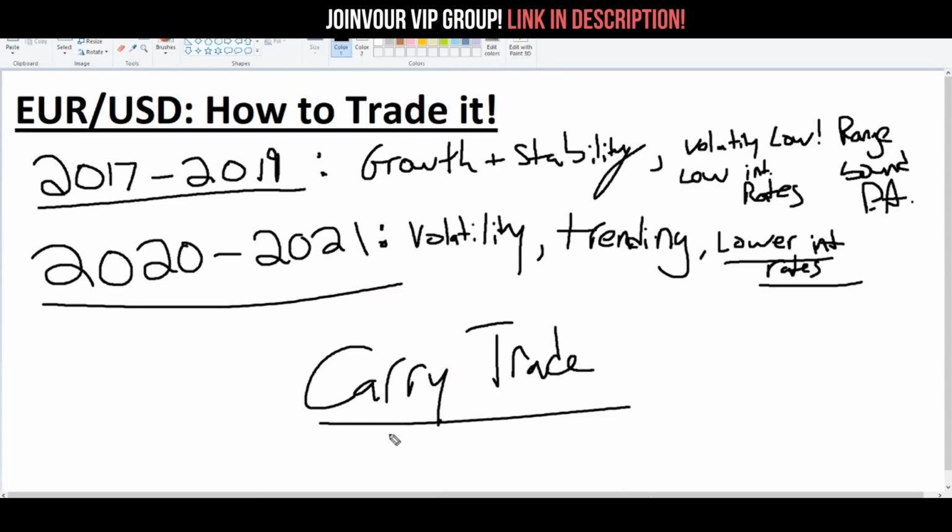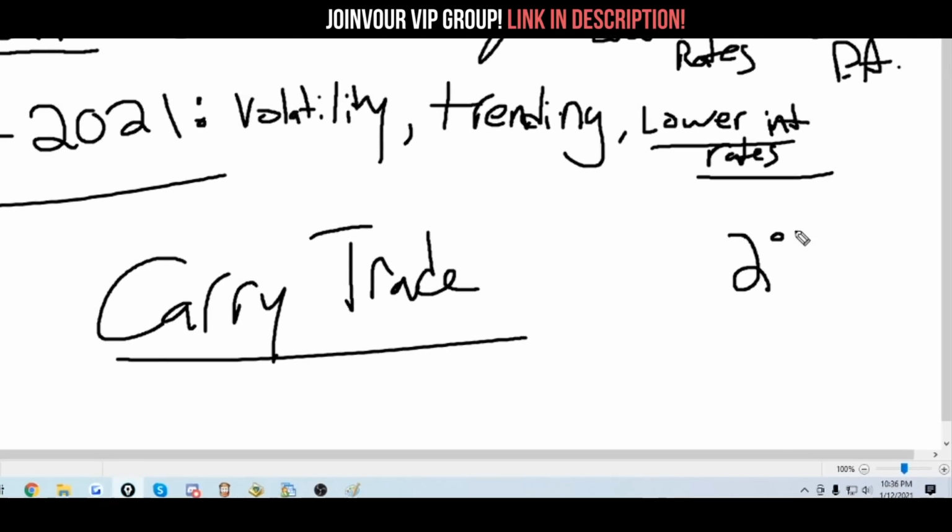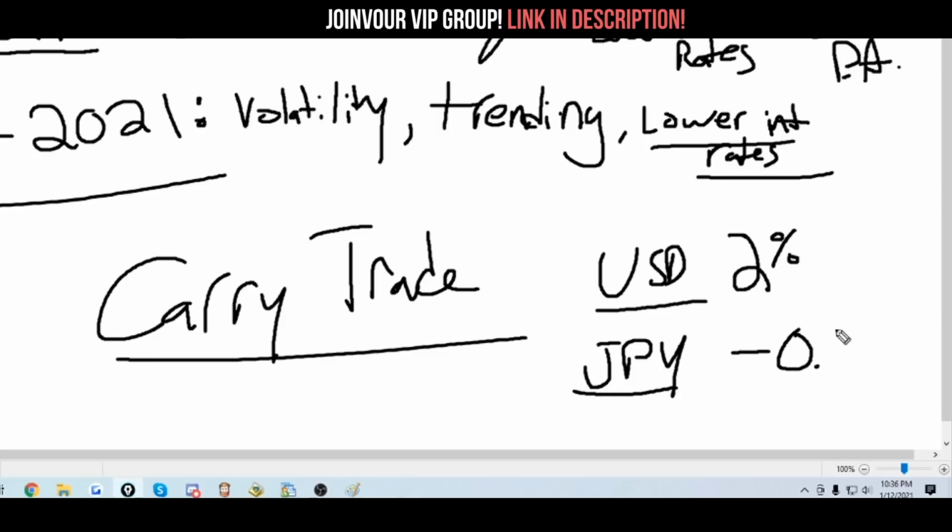But generally speaking, what this is, investors try to store money in places where they can collect the most passive income or interest, right? If you know that one currency bank, let's say the US dollar, is offering 2%, and the Japanese bank is offering negative 0.10%, just as examples.